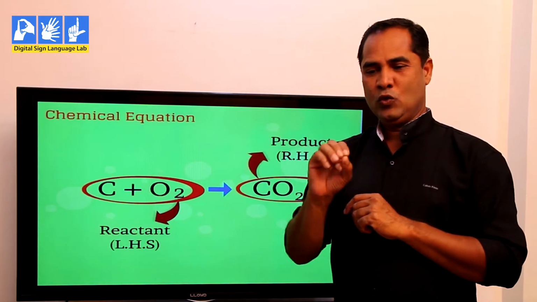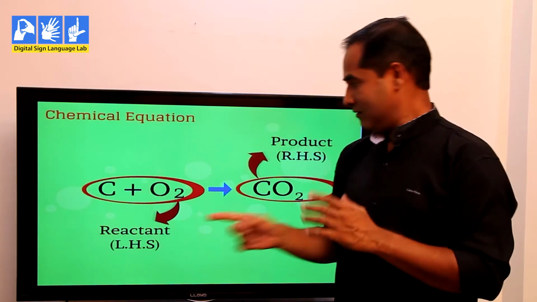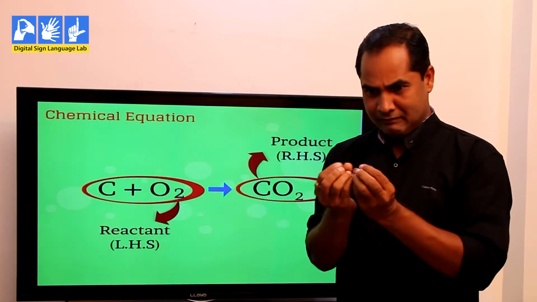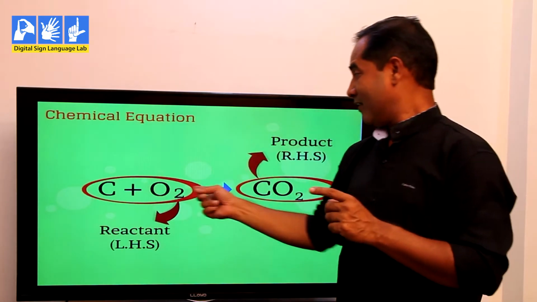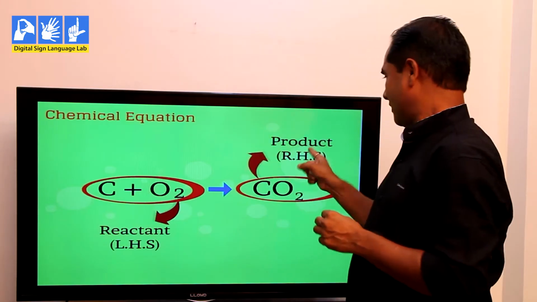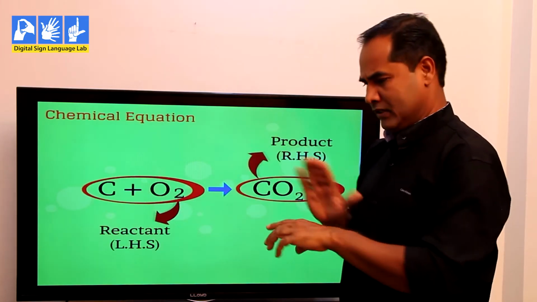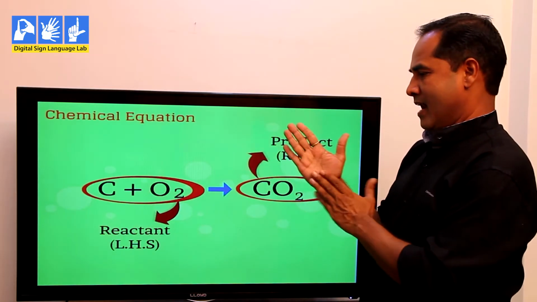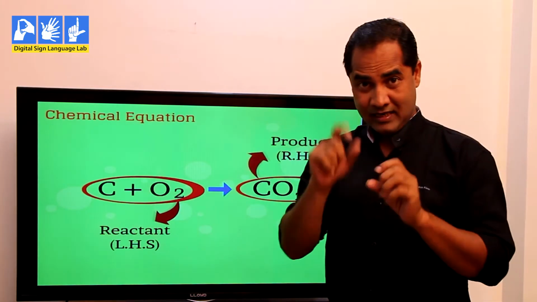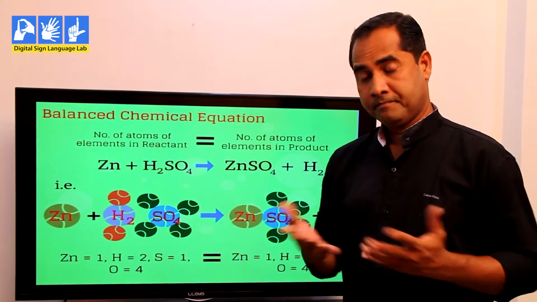So carbon and oxygen combine to give you carbon dioxide. Carbon and oxygen here are the reactants, and carbon dioxide is the product. The reactants are reacting to give you the products. The reactants are put on the left hand side and the products are put on the right hand side. I hope you understand well.